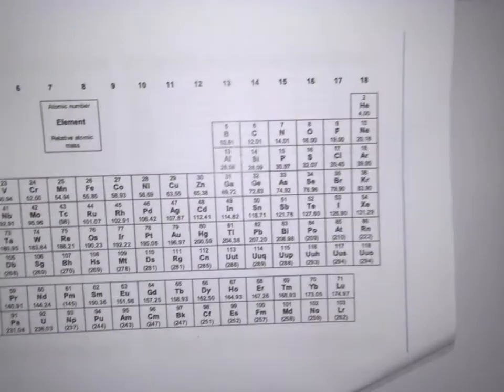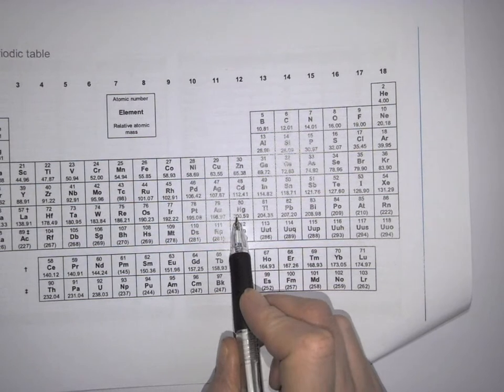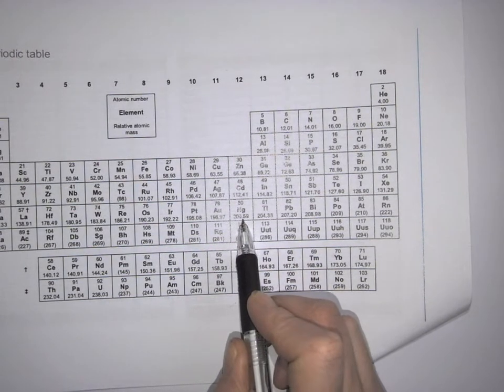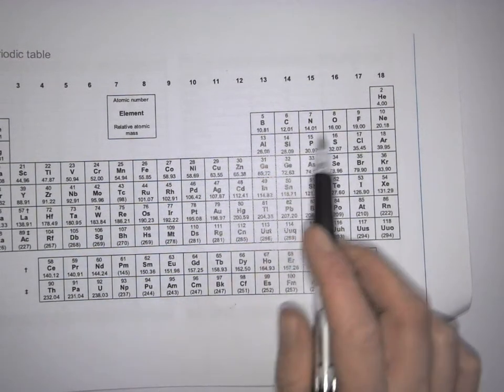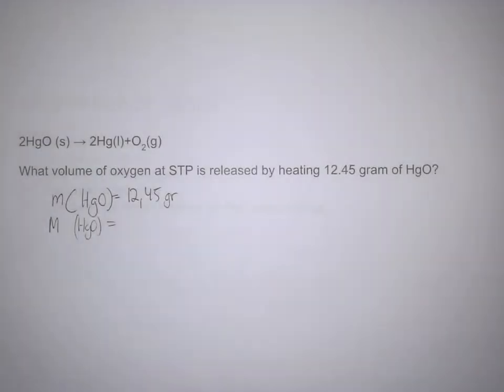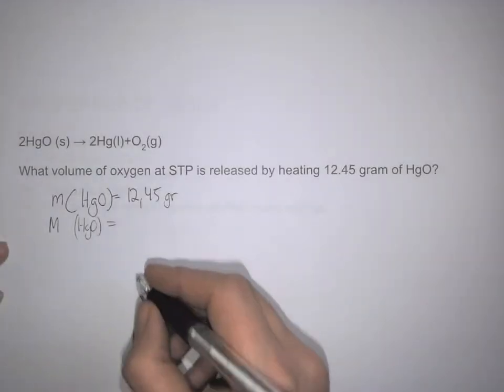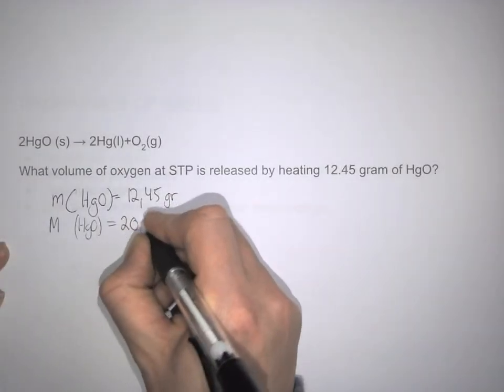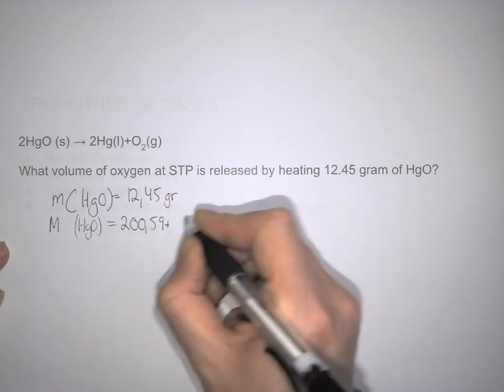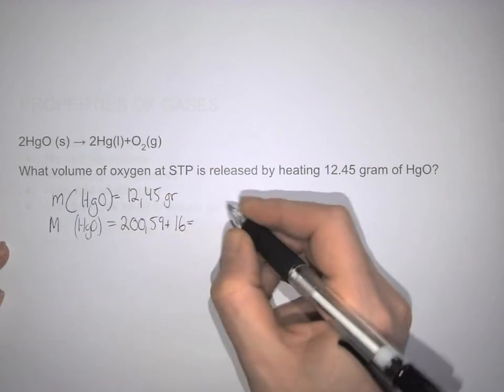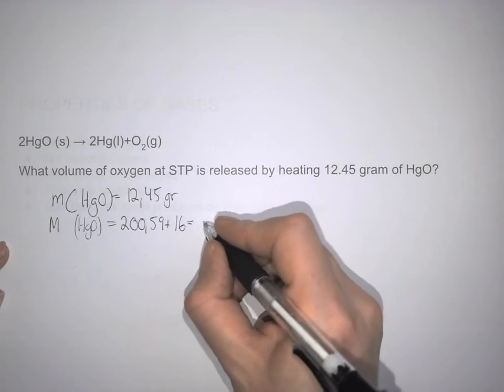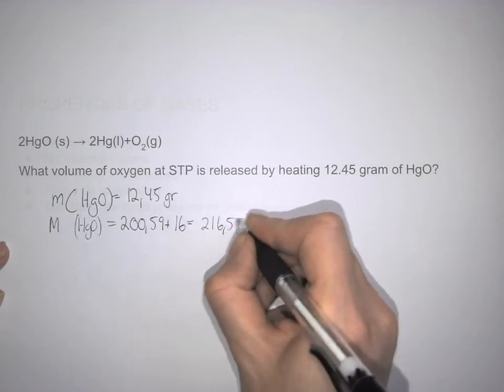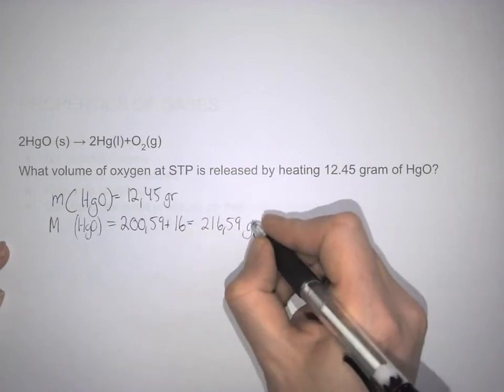The molar mass for mercury is 200.59 and oxygen has 16, so we need to add them together, and that will give us a sum of 216.59 grams per mole.